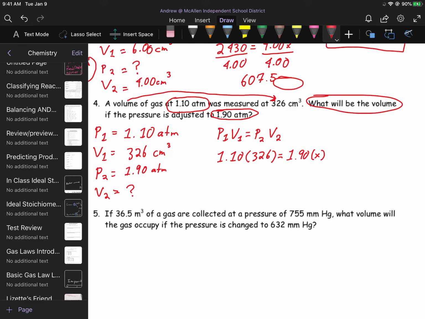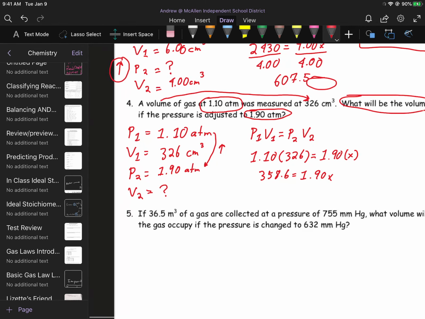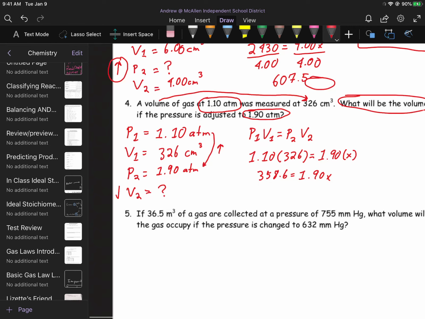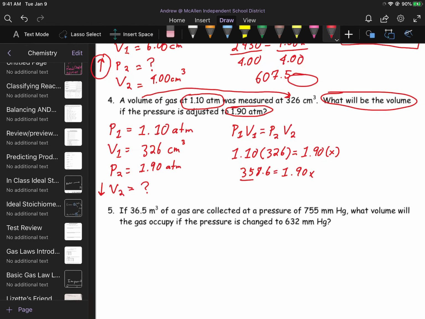Now, we calculator. I get 358.6 equals 1.90x. Oh, I forgot our guess. So our pressure has increased, so our volume will probably decrease. So let's see if when we do the math we get a decrease. So we're going to divide both sides by 1.90.